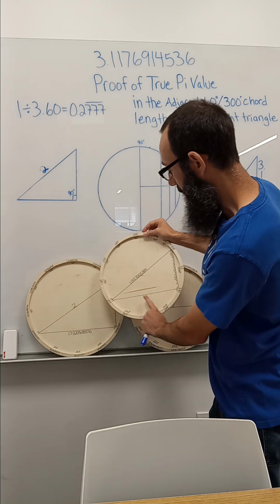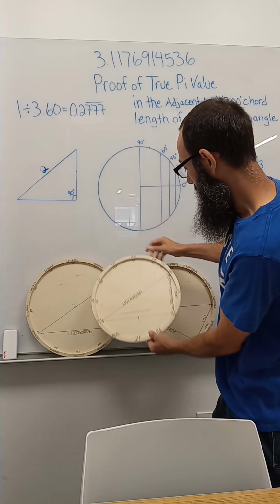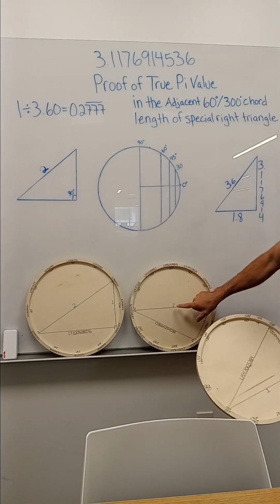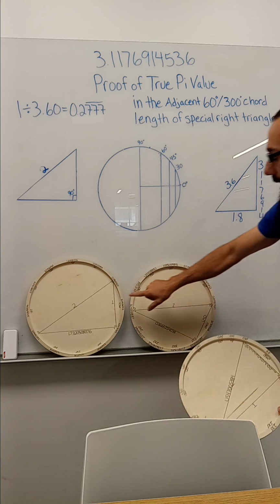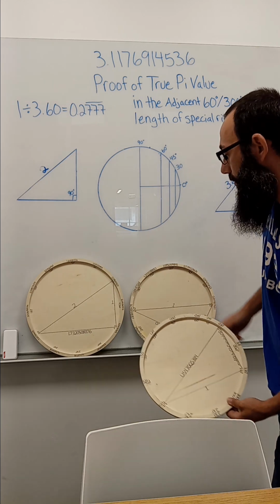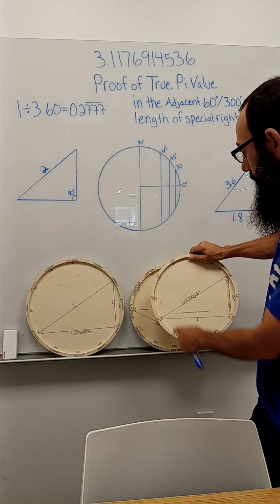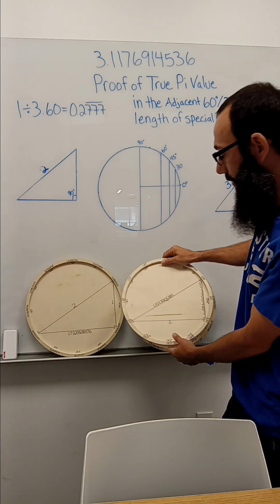This is the base 1 triangle adjacent. And this is the base 1 diameter hypotenuse, and this is the base 1 radius opposite circle. So these are the 3 base 1 circles out of this special right triangle.